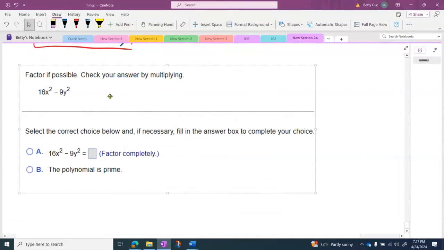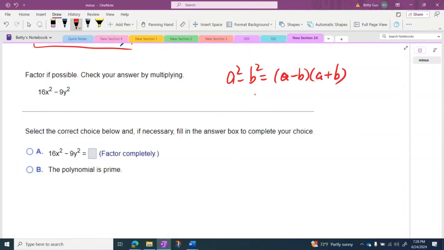Factor if possible. Check your answer by multiplying. This is a difference of two squares. It's a binomial, everyone. If it's a binomial, very likely we use this formula. And also a strong sign: 16 is 4 squared, 9 is 3 squared, right? Here 16x squared, 16 is 4 squared, 4 times 4 times x, and that is 4x times 4x.